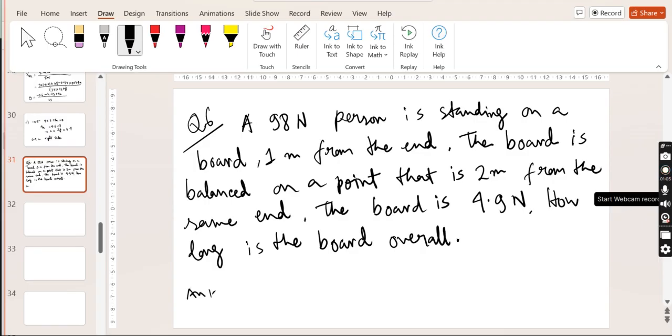So basically, this is the board. At this end, a 98 Newton person is standing. The board is balanced here, 2 meters, and this is 1 meter.